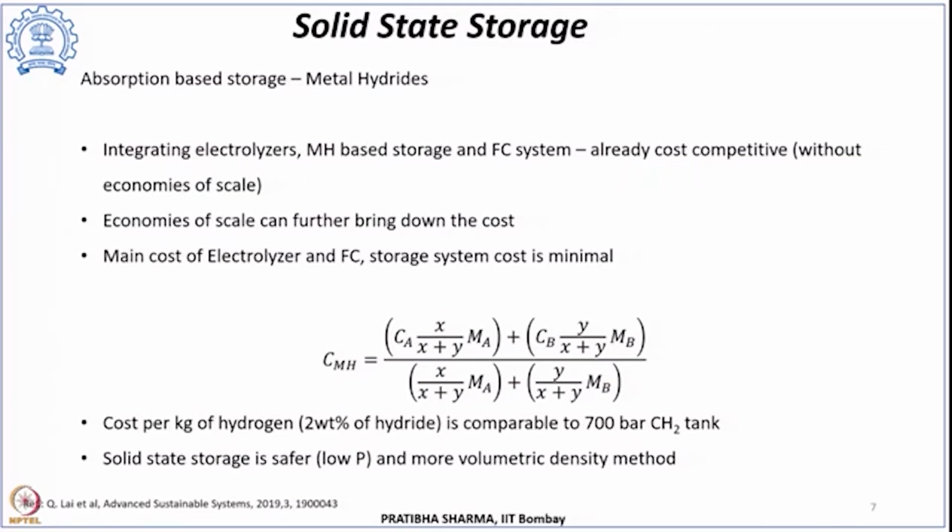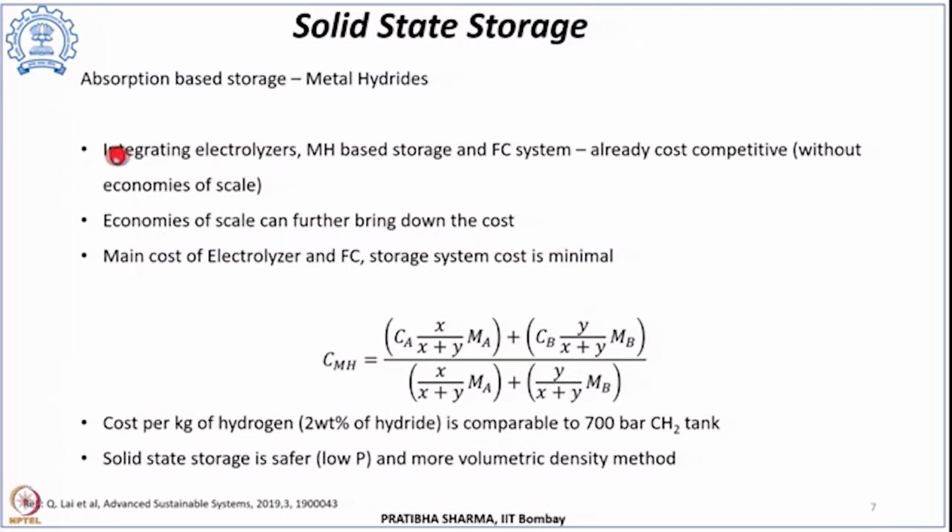And this is considering that there is no large scale manufacturing of such tanks going on. Without considering any economies of scale, at present they are cost competitive with the type 4 tanks. If economies of scale are considered, the cost will further come down.